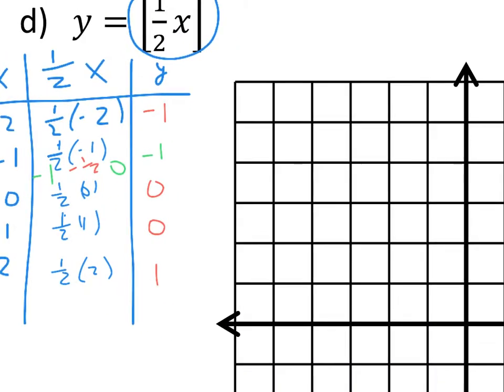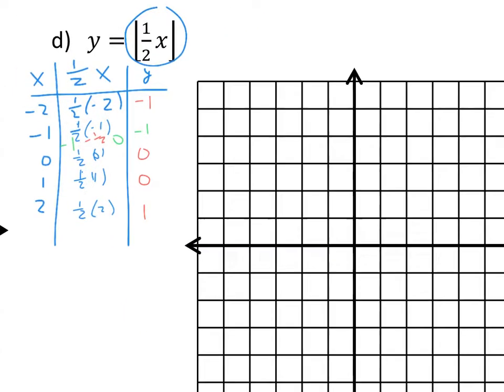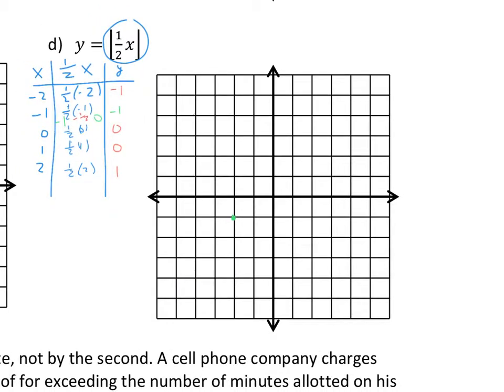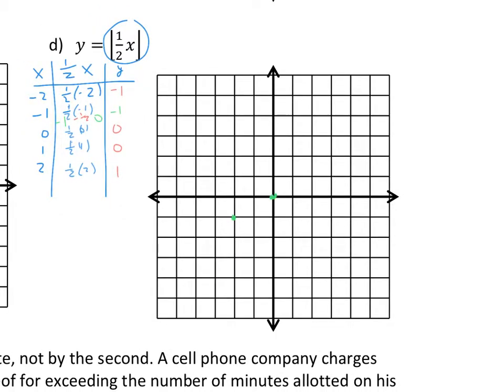Let's see if we can plot these points. So I'm starting with -2, -1. I need 0, 0, and I need 2, 1. Okay, now we're doing the ceiling, so hopefully you have an idea of where we need to have the open versus the closed circle, but let's keep looking. So negative 1, or sorry, negative 1, negative 1 is right here.